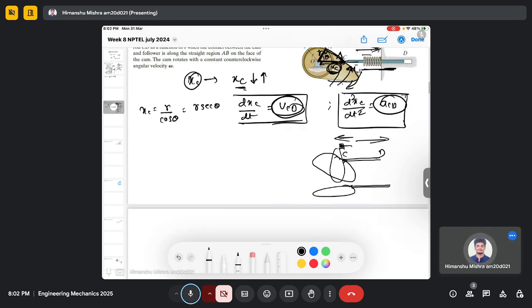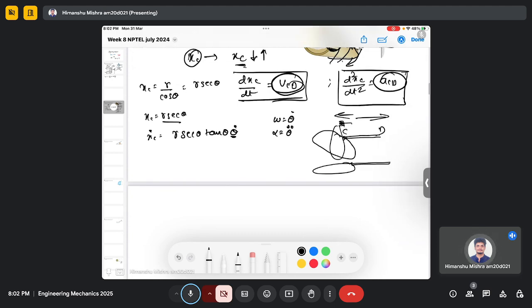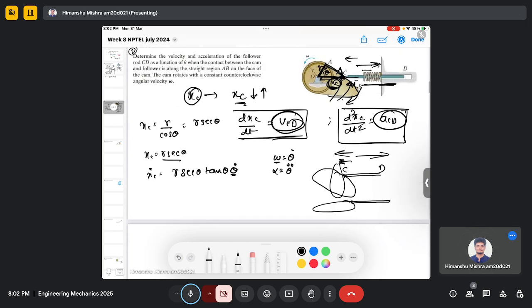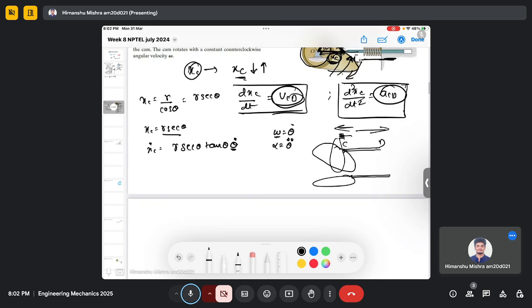Then if you differentiate this quantity in time, you will get r sec theta tan theta theta dot, where theta dot is my angular velocity and theta double dot will be my angular acceleration. So x dot will be r omega sec theta tan theta. So this is my velocity of CD.